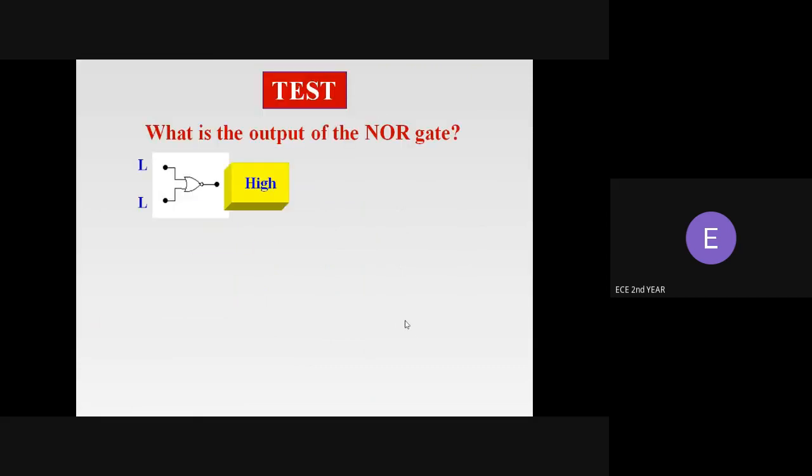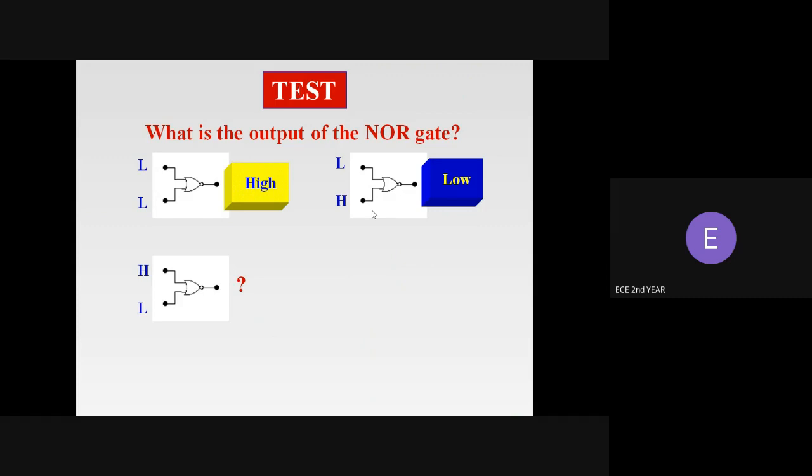So let us see the testing procedure. Here we apply 0 0 for A B, and the corresponding output will be high. Next case, we apply 0 1 here, and the corresponding output will be low. For the next one, we apply 1 0 here, and the output will also be low.